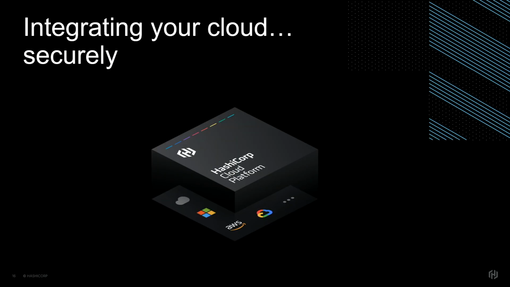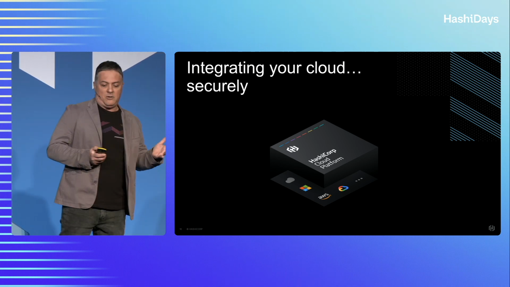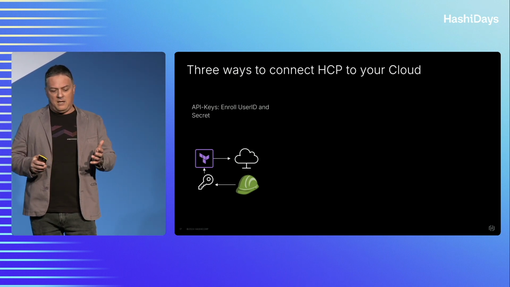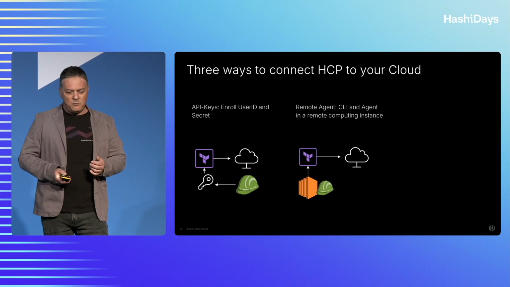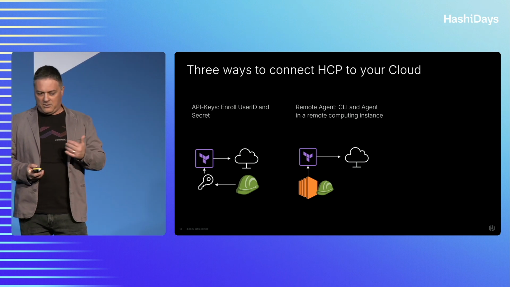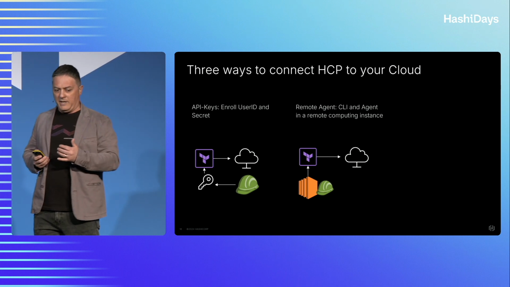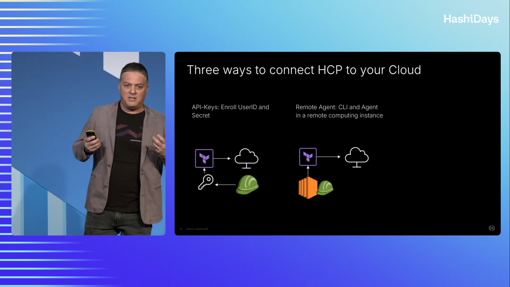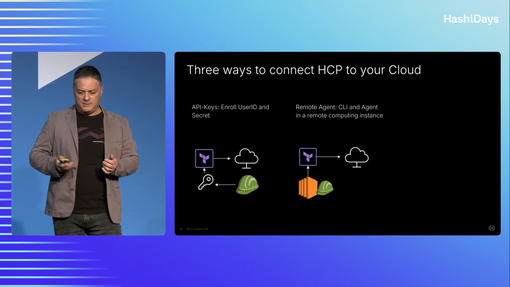So the first step, for sure, is to solve the problem of integrating our HashiCorp Cloud Platform with your cloud. We have seen that using an API key and just keeping those API keys in a secret place could be a starting point. But we need to bring a more secure way to do this. Another idea is to place a remote agent, a remote compute instance, that simply brings the IAM role to deliver your infrastructure.